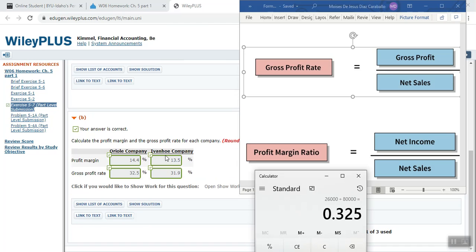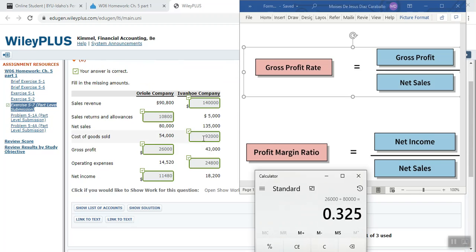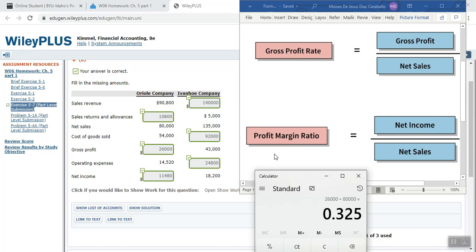For the last company, Ivanhoe, now we're going to be finding the profit margin. The net income for Ivanhoe Company is 18,200 over net sales of 135,000.